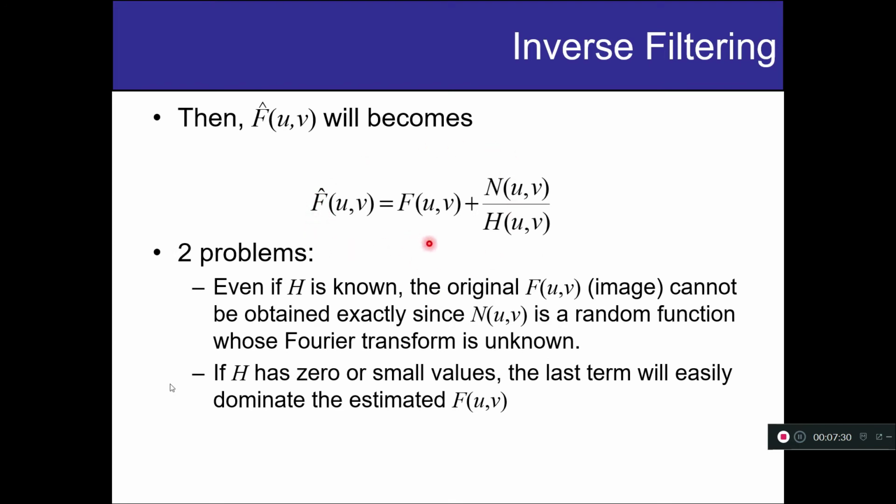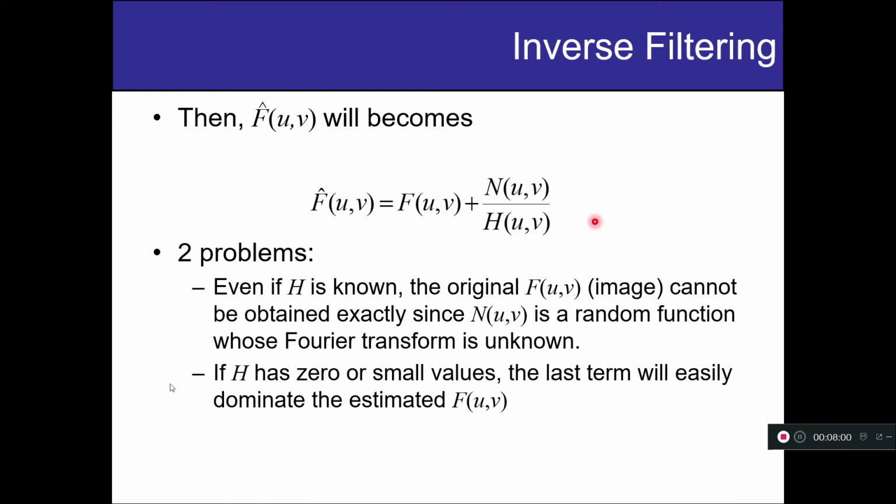You can find out that to make sure this one is close to this one, this component should be very small or close to 0, because if this one is dominant in this expression, then your mission to make sure that your F head is close to your F has failed. So that's why now we want to make sure this part is close to 0.